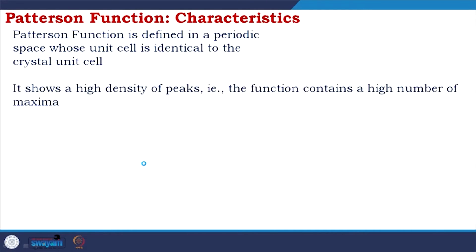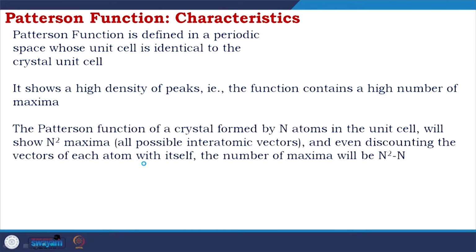It shows a high density of peaks, that is, the function contains a high number of maxima. The Patterson function of a crystal formed by n atoms in the unit cell will show n² maxima, all possible interatomic vectors, and even discounting the vectors of each atom with itself, the number would be n² − n.